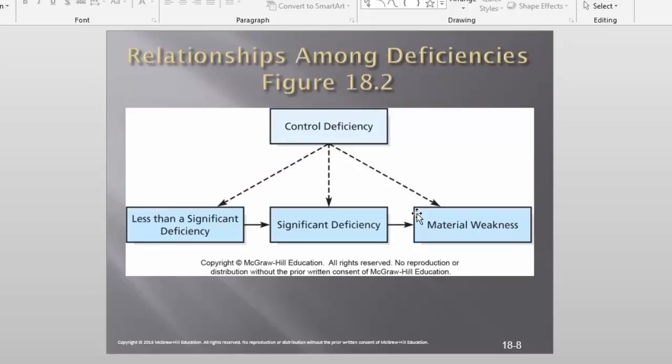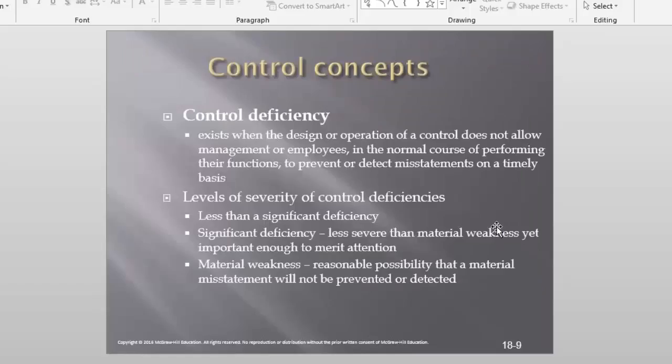Okay, so this essentially is the diagram, and again, what we're looking at is the material misstatements. So a control deficiency is where the control does not allow management or the employees in the normal course of business to prevent misstatements.